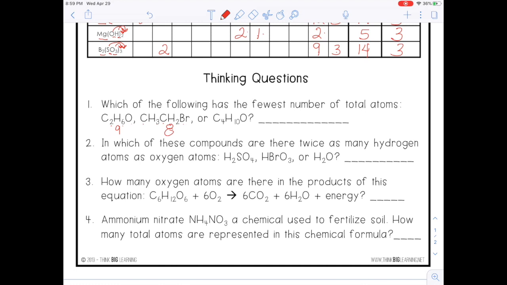And then C4H10O, 4 plus 10 is 14, plus 1 is 15. So the fewest number of atoms is going to be this one here in the middle. CH3CH2Br.